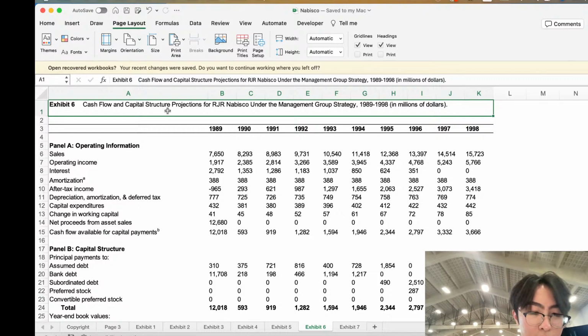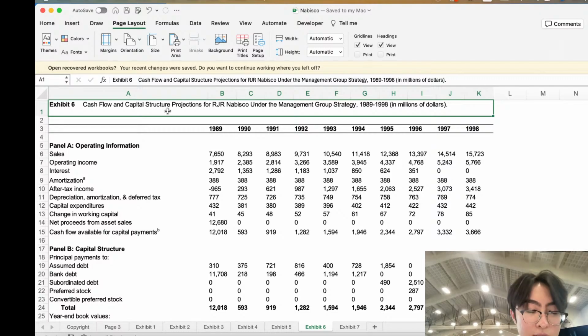Then the market value of common equity grows by our required return on common equity, which is determined by the levered common equity beta times the market risk premium plus the risk-free rate. Okay, it's the CAPM.